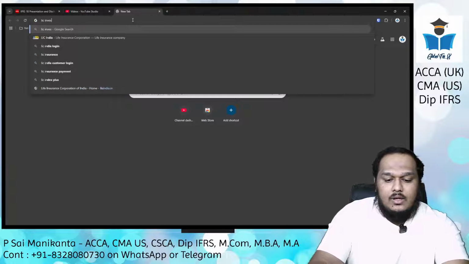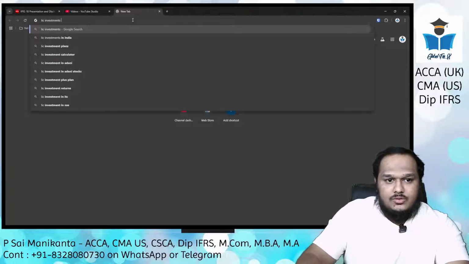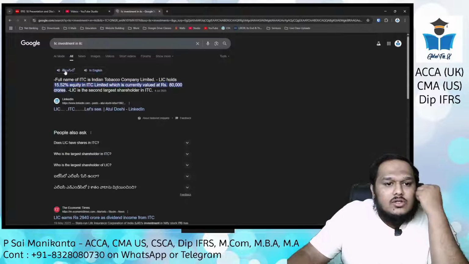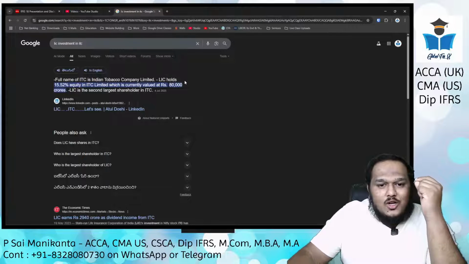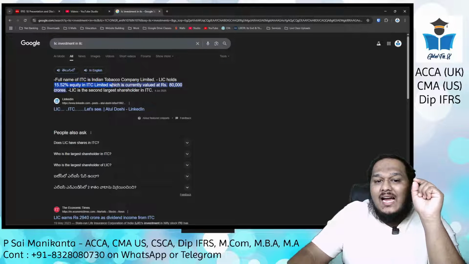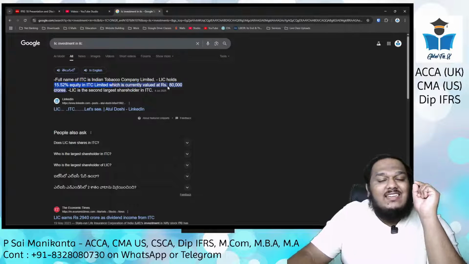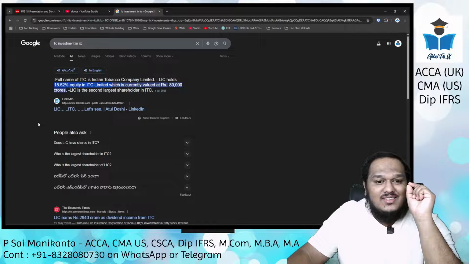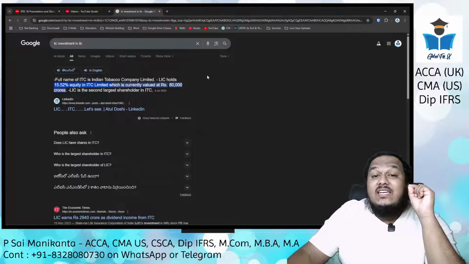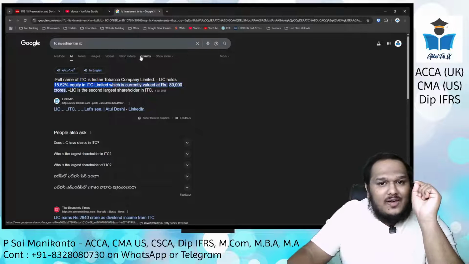LIC investments. Let's say in ITC company. Life Insurance Corporation, LIC, holds 15% equity in ITC, which is valued at 80,000 crores. Simple. LIC has invested 80,000 crores, 15% of ITC.